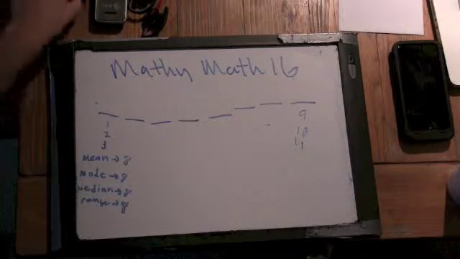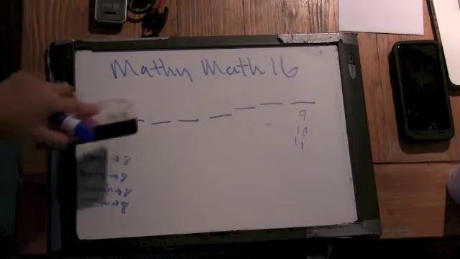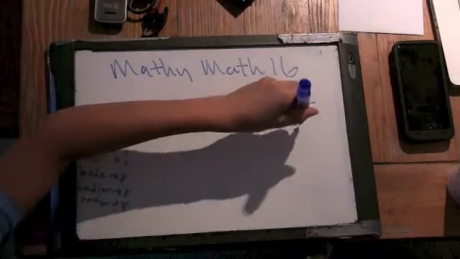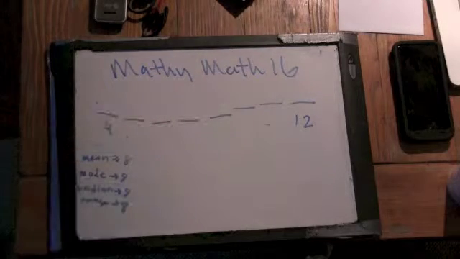So I think 12 was the first one that did that. You have 4 and 12. And then we can just fill the rest up with 8s.